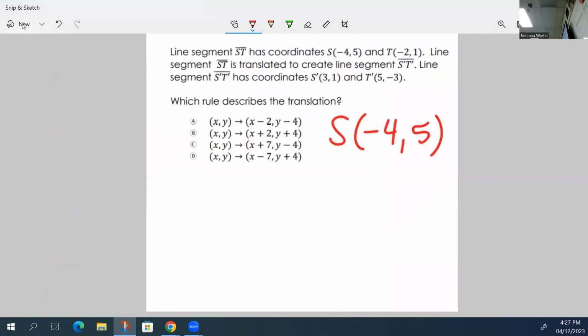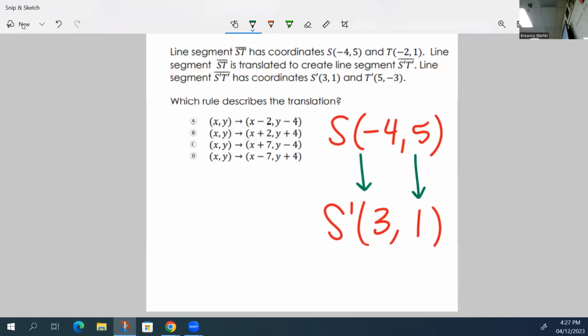And then you're translated to S prime, which is 3, 1. Okay, so it's asking you to describe the translation. So that means what are you doing from this X value to get to this one? What are you doing from this Y value to get to that one?